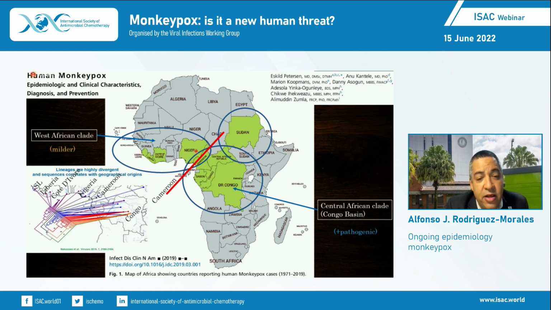So previously, the epidemiology is well related to what's already mentioned. In fact, those countries in West Africa affected by the West African clade, with the exception of Cameroon that has both clades, and the situation with the Central African or Congo Basin clade, where most cases were reported in the past.